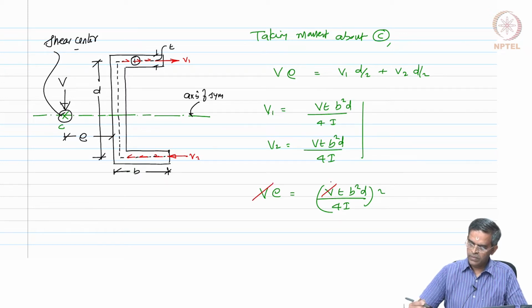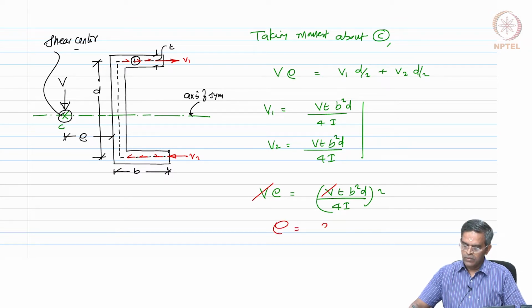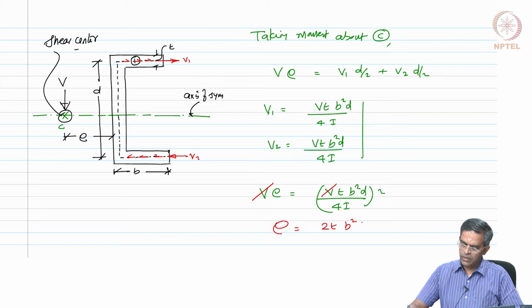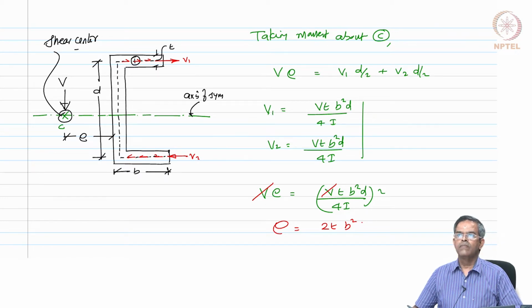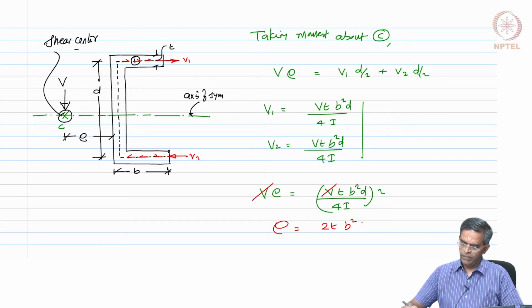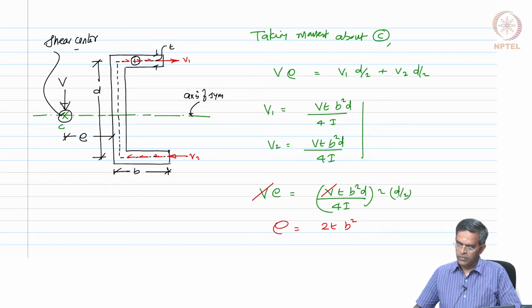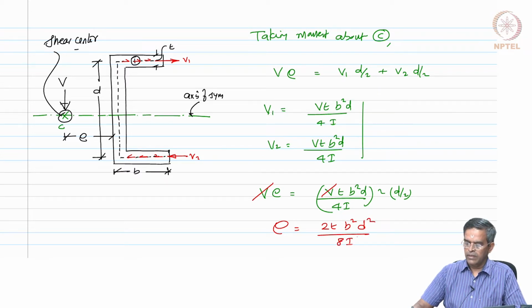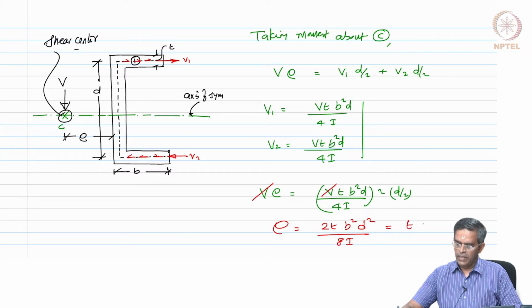So, I can get E as 2 t b square D by 2, into 2, sorry, D by 2, 2 t b square D square by 8I, which will become t b square D square by 4I.